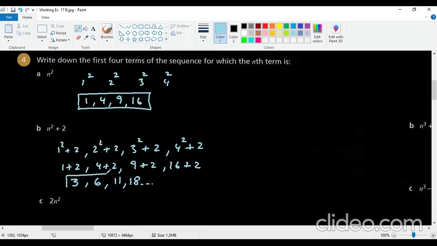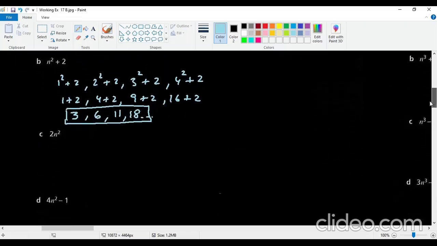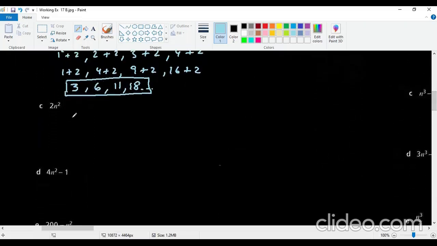Now comes doubling the square. That means 1 square, 2 square, 3 square, 4 square. Now double it. That means 1, 4, 9, and 16. Now you need to double it. I should do it the other way around.